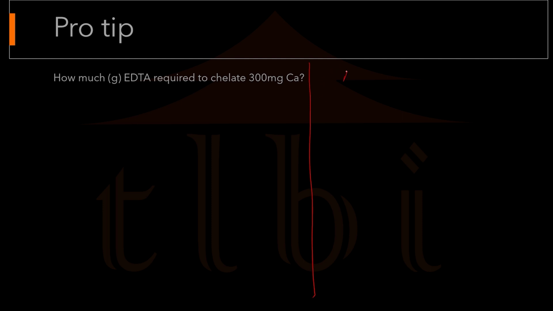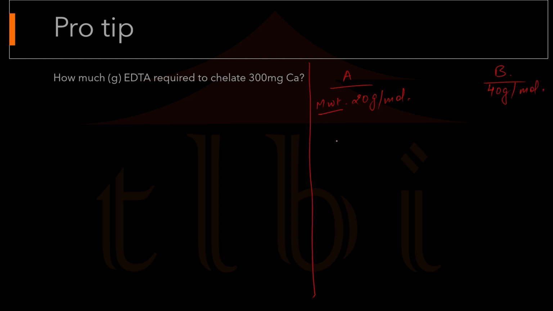So suppose you have two molecules, right? Molecule A and molecule B, right? And molecule A has a molecular weight of, let's say, 20 grams per mole, okay, and molecule B has 40 grams per mole of molecular weight.